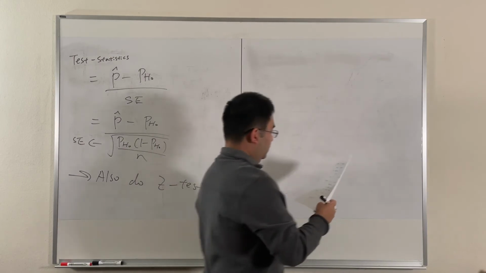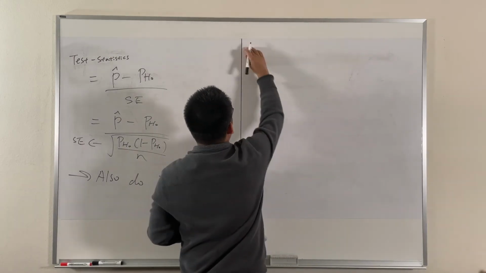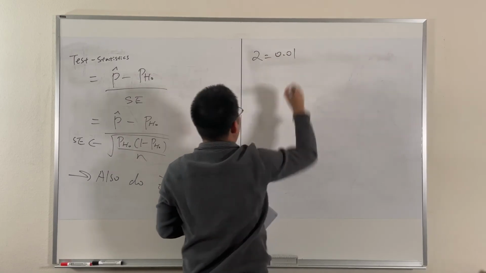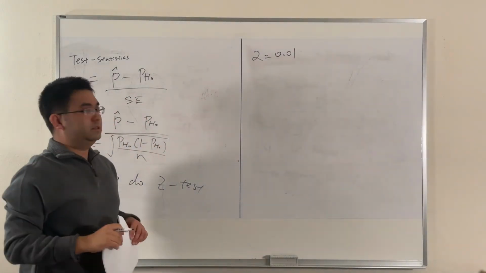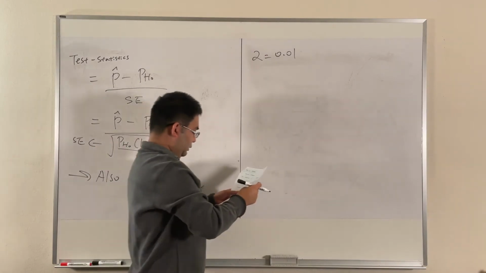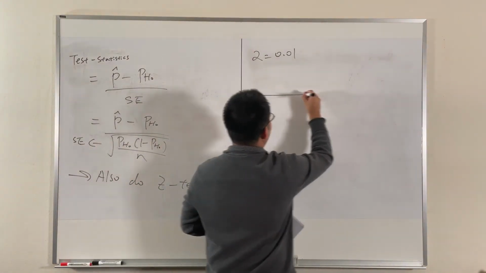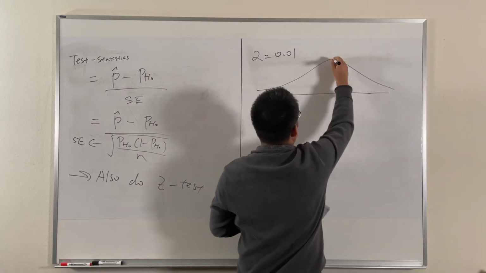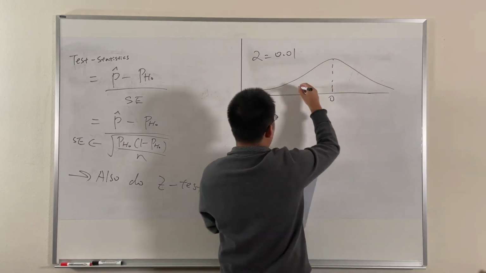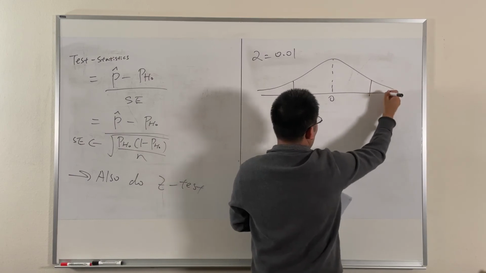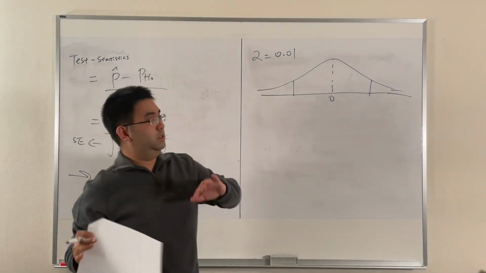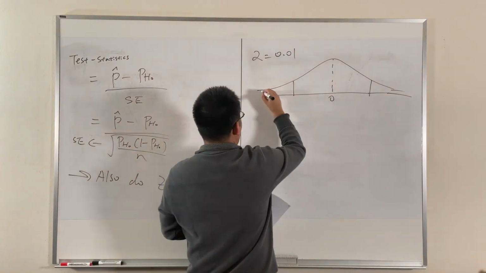Let's say we assume that our alpha is 0.01, so our significance level is 1%. Then we're looking at a distribution like this, centered at 0. We're doing a two-sided test because we want to see whether it's more than 0.2 or less than 0.2.